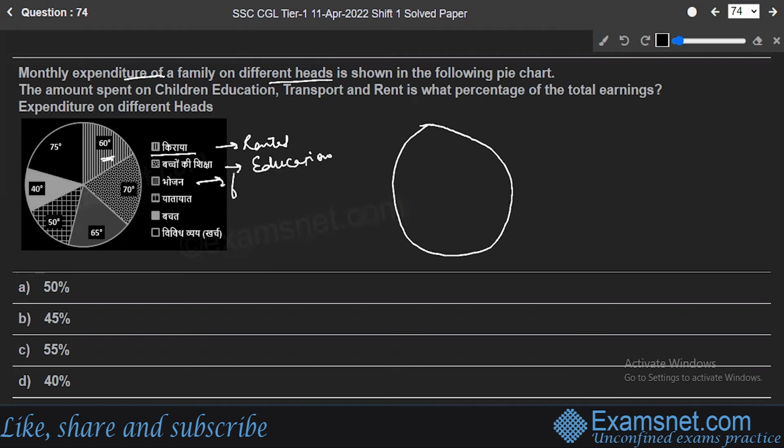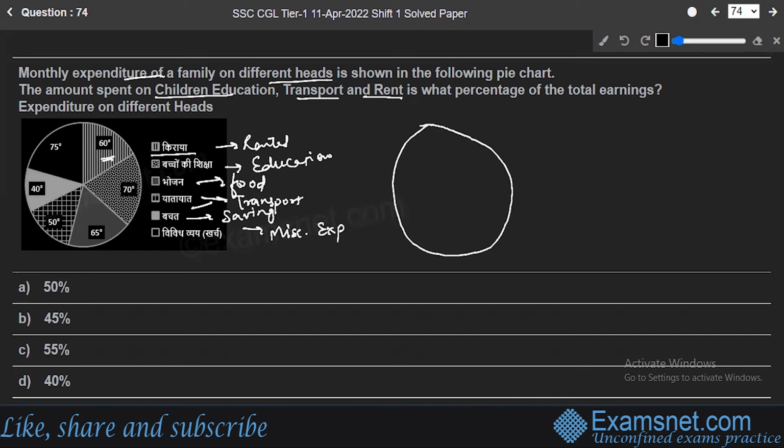This one is food. Next is transport, then savings, and this is miscellaneous expenses, right? So now you have to tell the amount spent on children's education, transport, and rent.